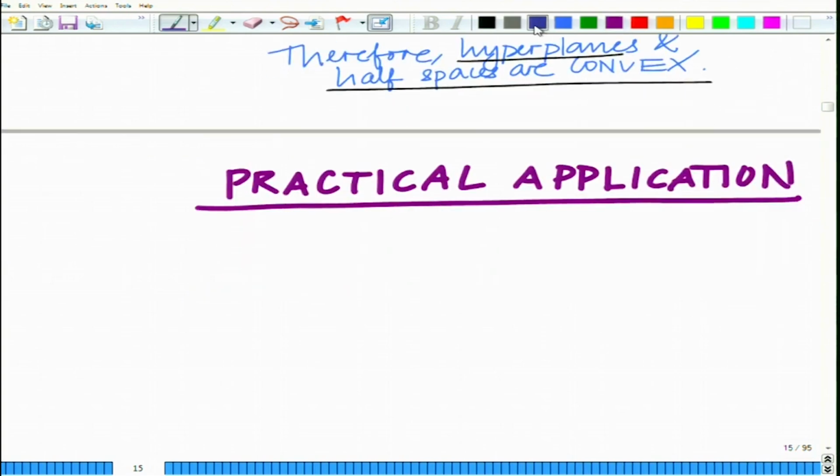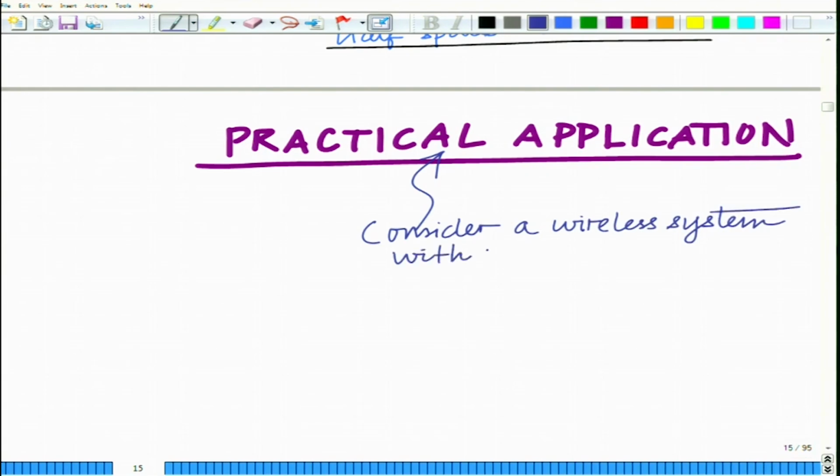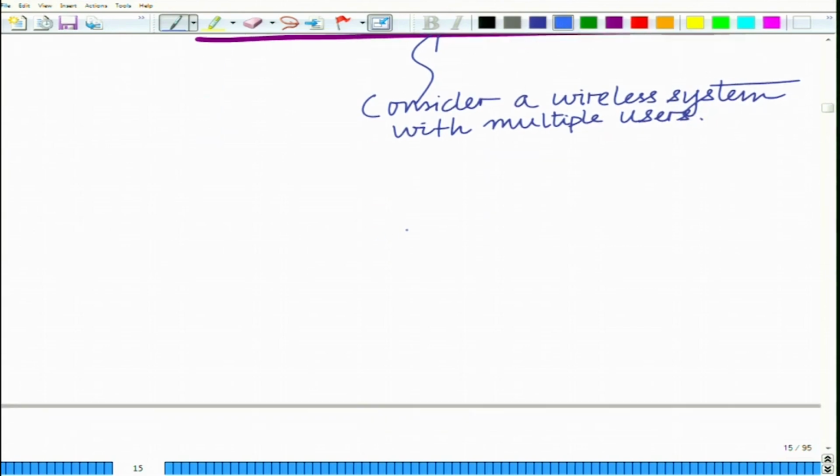For instance, consider a wireless system with multiple users, and let us say you have a base station, and you are transmitting signals to multiple users.